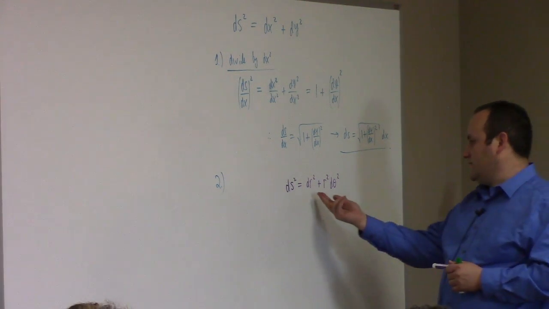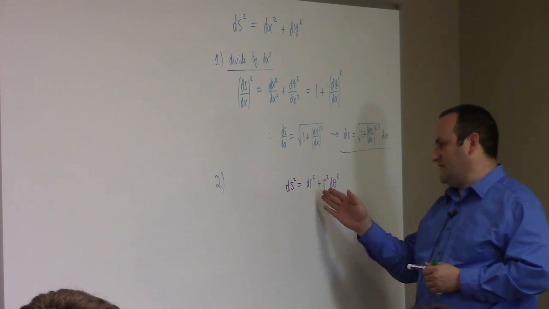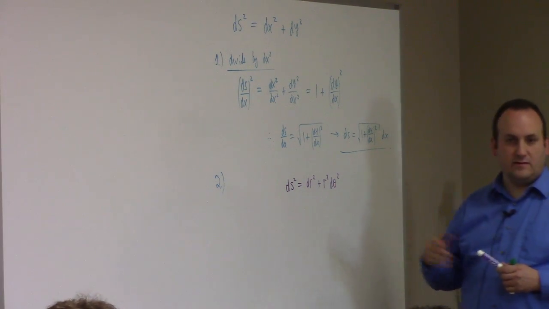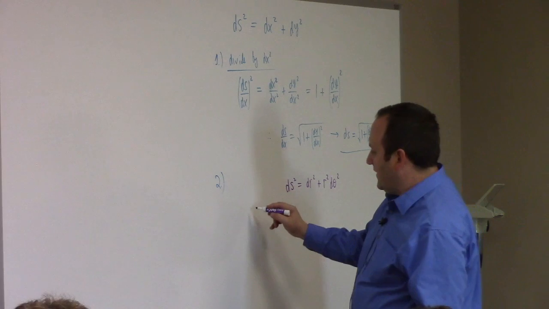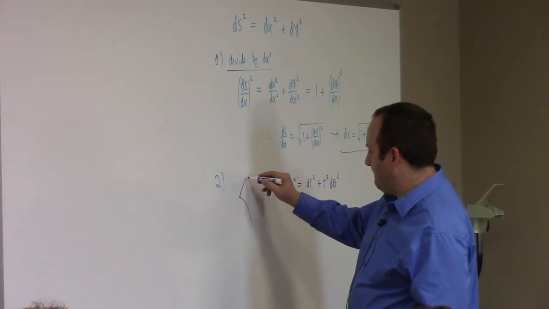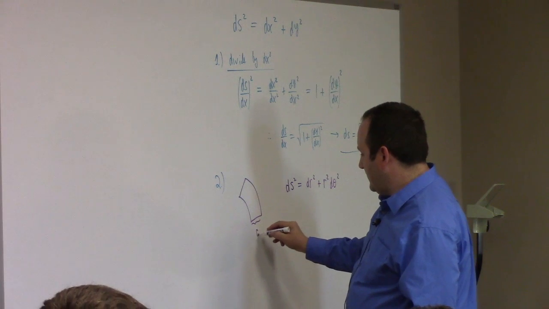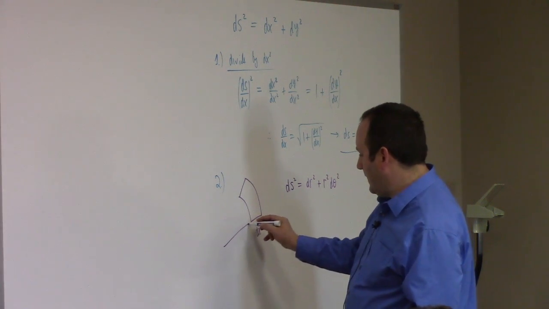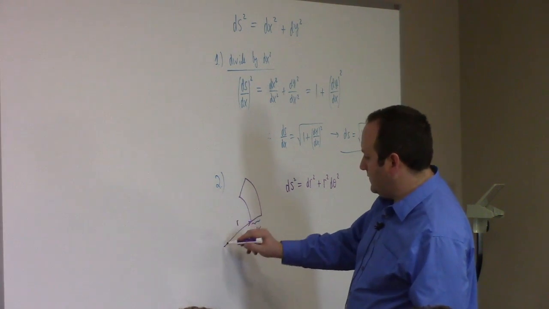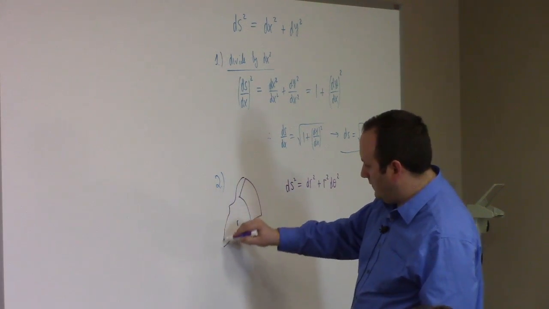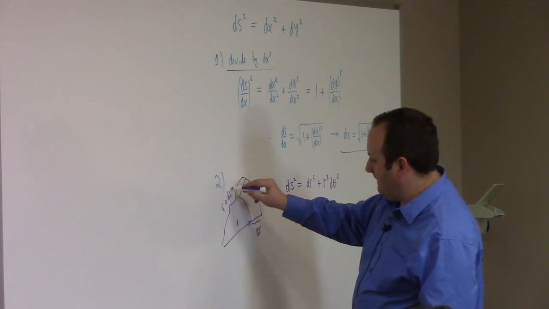I mean, of course, this is the infinitesimal length that corresponds to looking at r shifting a little bit, right? If you look at a little polar sector, something like this, this distance would be dr. We're going from r to r plus dr, let's say.